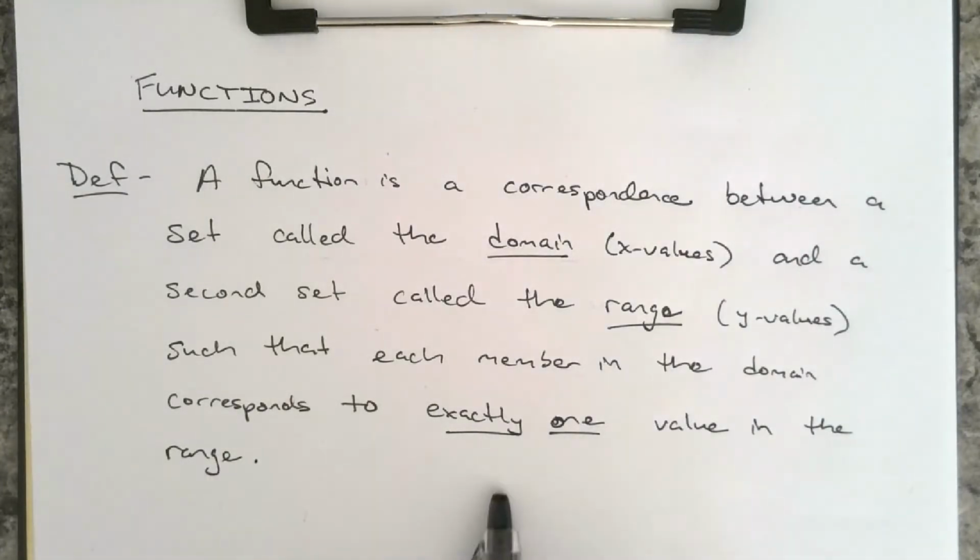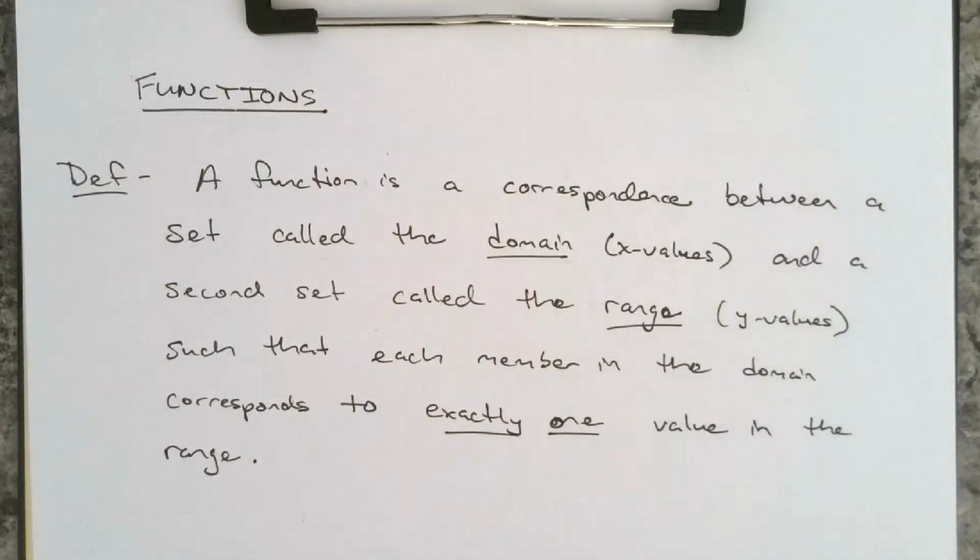And you might see this said in a way that says at most one instead of exactly one. The way we'll use it in our course, though, is typically exactly one.